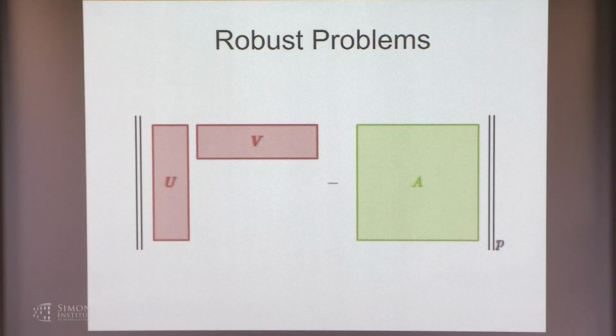There are also many robust variants of low-rank approximation. Instead of minimizing the sum of squares of differences, there's a lot of recent work trying to minimize the sum of pth powers of differences. A lot of these problems are NP hard, but you can get approximation algorithms. And if p is 1, these could give you much more robust solutions than Frobenius norm.